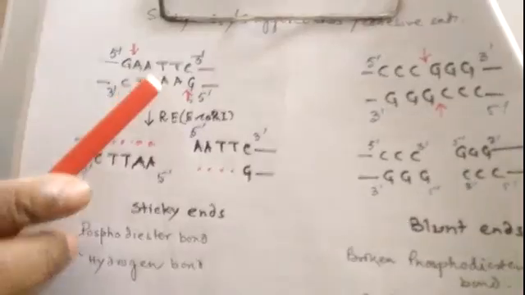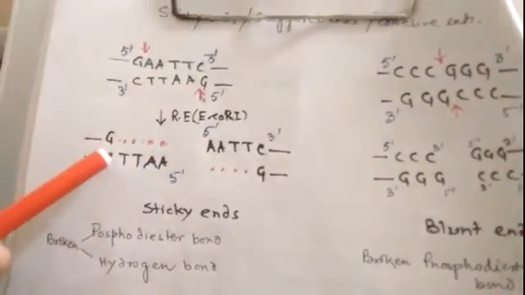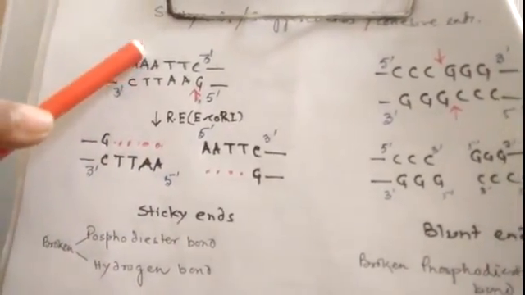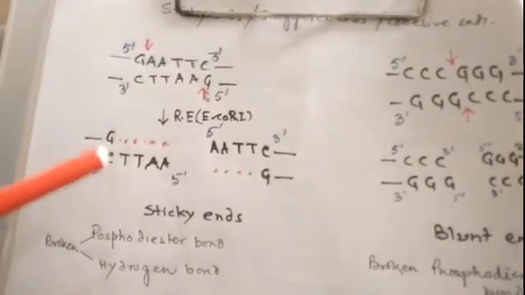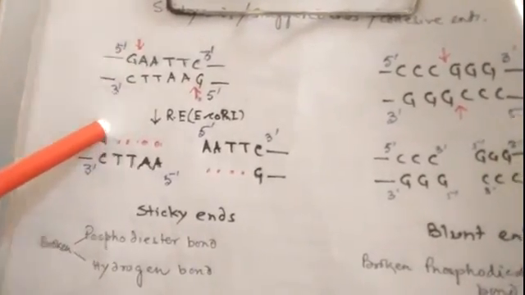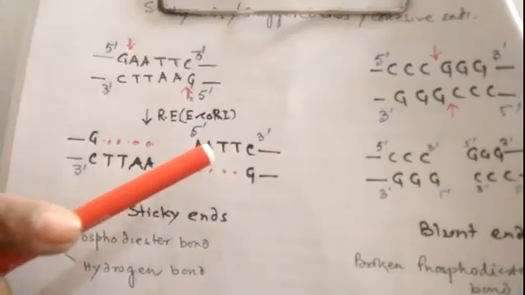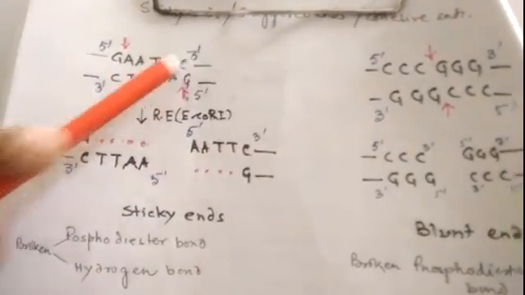Clear? So you can see here G, this portion has been cut, so we are left with G here, and we are left with AATTC here.